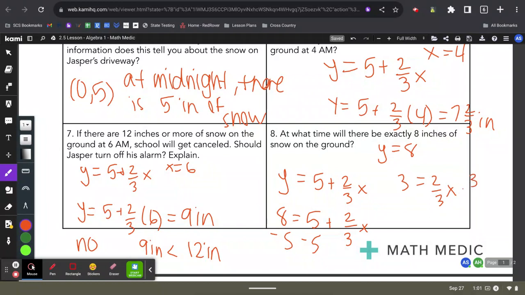Multiply by 3/2 on both sides, and you should get 4.5 equals x. And you have to understand how to write that as time. So this is 4.5 hours after midnight. So 4:30 a.m. is when there would be 8 inches of snow on the ground. You could also use the graph to do this as well.